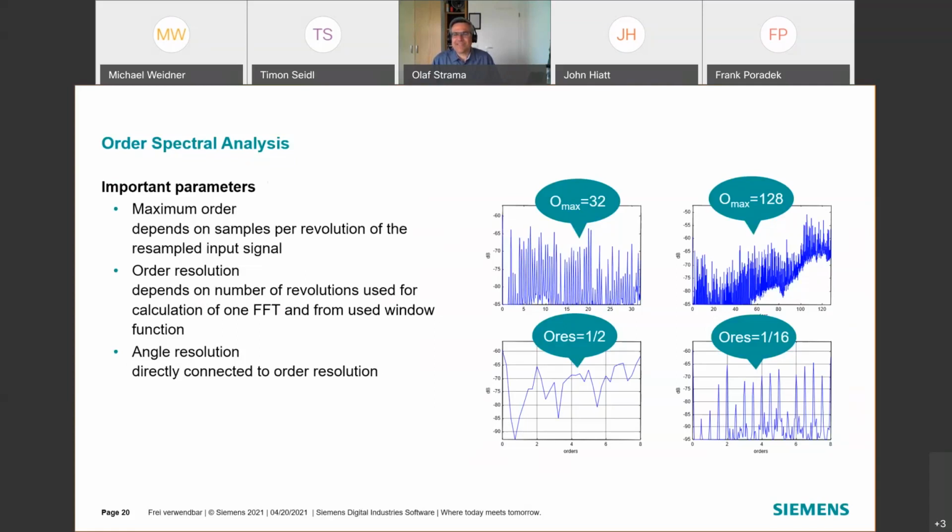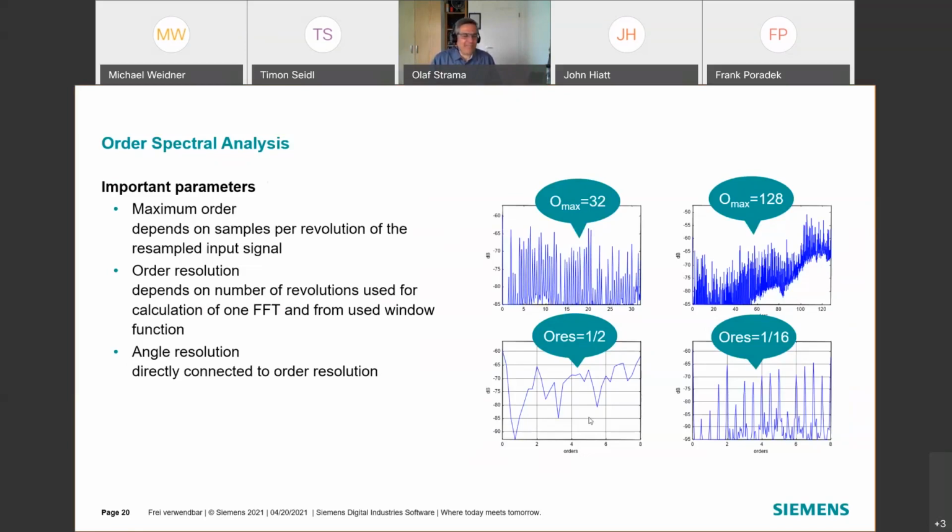For example, if we have a revolution speed of let's say 1000 RPM, and we want to analyze up to order number 200, then we have to take a bandwidth of 20 kilohertz into account. This also has influence on the sensor that we can choose to measure the signal, and on the test bench environment to be able to measure these frequencies. So that's something that can be calculated very easily.